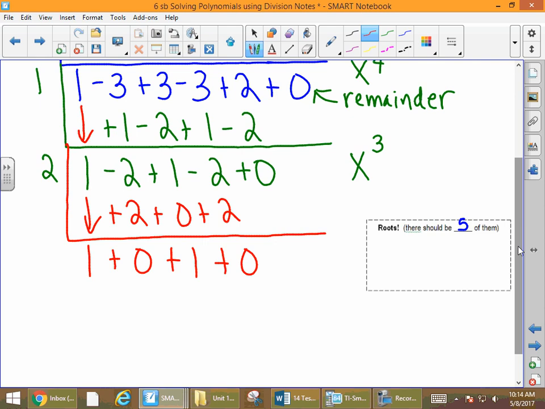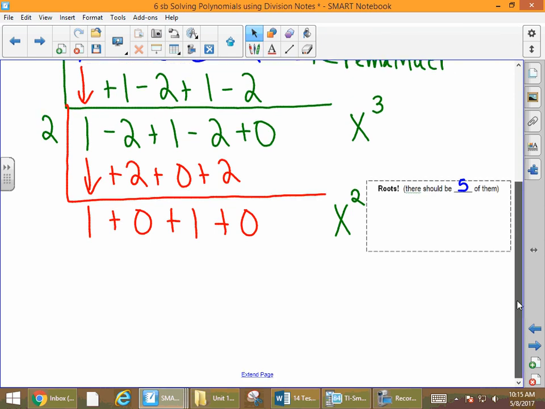Again, getting 0 as that final value in our division means that we do not have a remainder, and consequently 2 is a root of the polynomial. And we prove it algebraically by what we've just done with our synthetic division. And now we divided, we are down to x squared, and x squared is a quadratic.